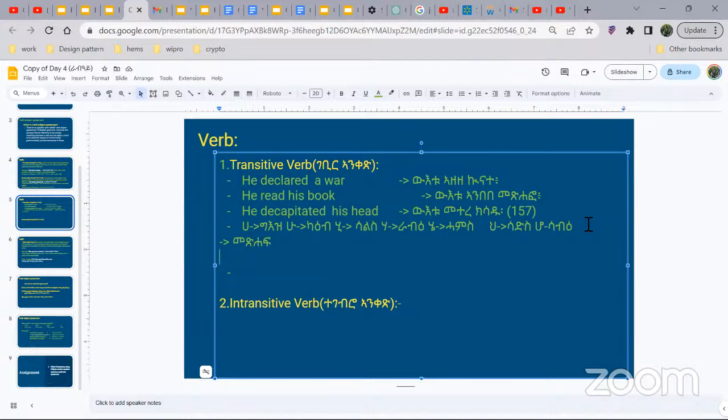This shows possession, right? When I say መጽሐፍየ, I own the book, my book.